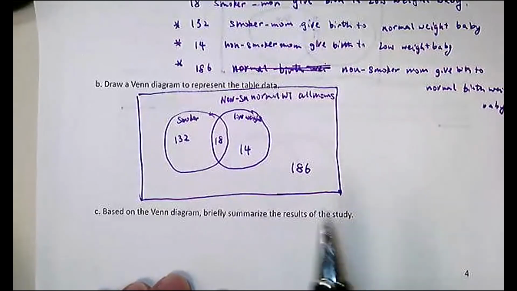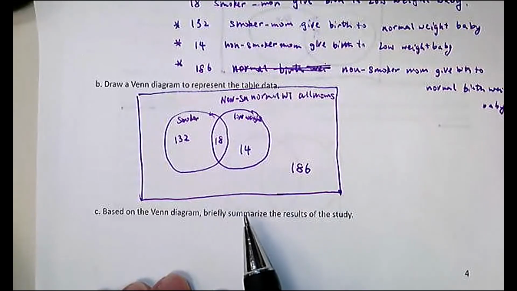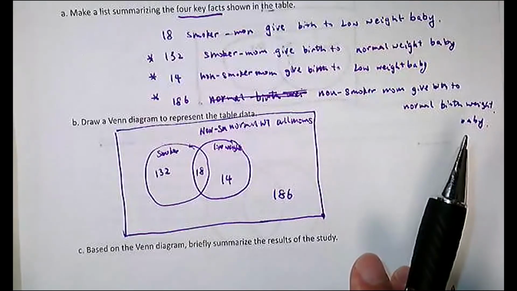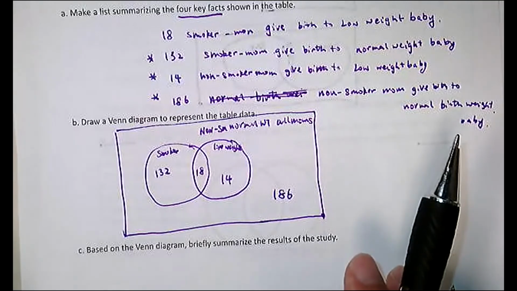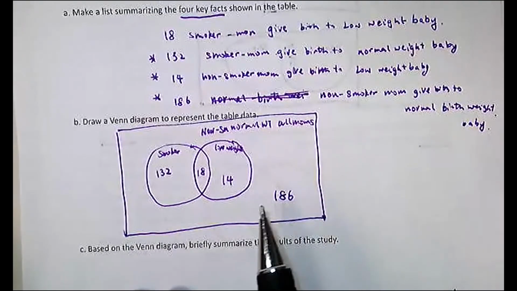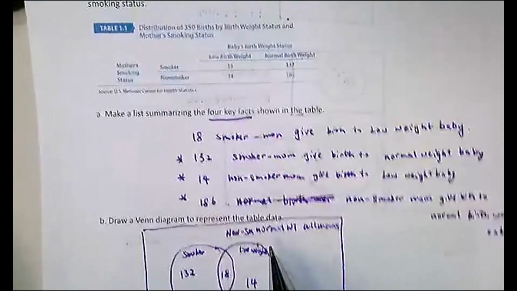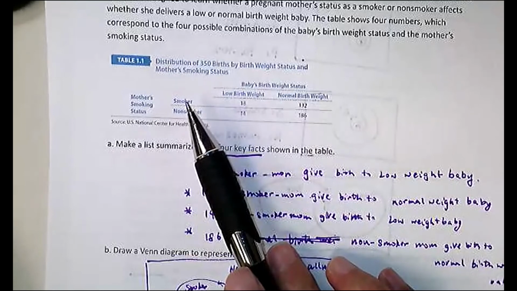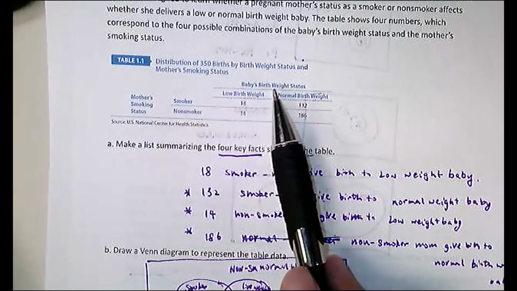Based on the Venn diagram, briefly summarize the results of the study. Let me give you an introduction, and I also give you 3 minutes to think about it. This study wants to find a relationship between whether a mom is smoking and whether smoking causes lower birth weight.